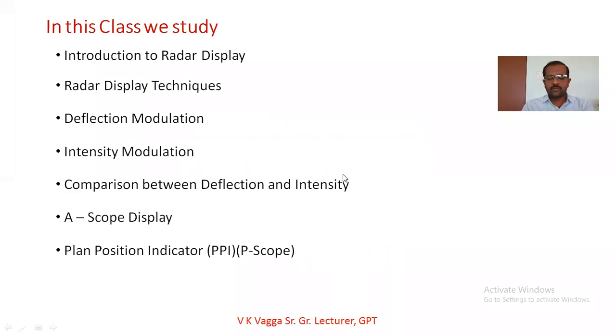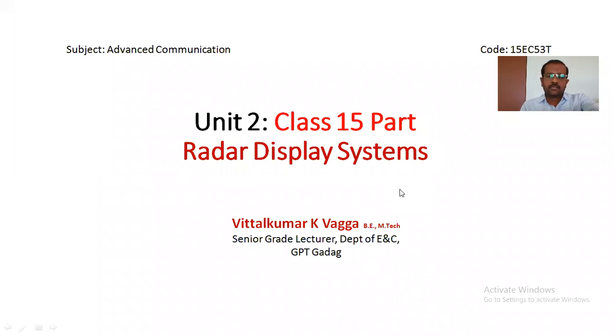Okay. So in the last class, I explained about the radar modulator and the duplexer. The radar modulator is used to control the amplitude of the RF signal. It is entirely based on the width and the amplitude of the pulse.